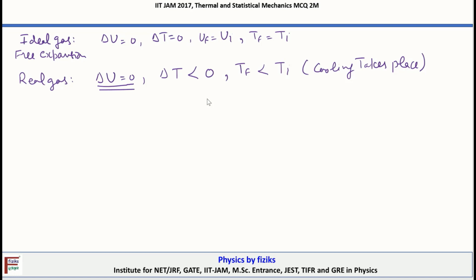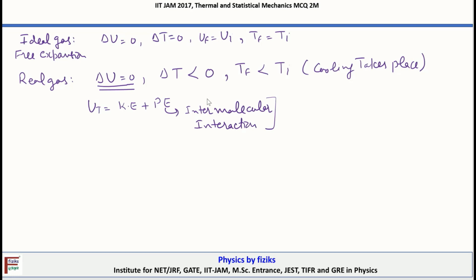And the point is that the total internal energy can be considered as the sum of two different energy terms, kinetic energy plus potential energy, where the potential energy is because of the intermolecular interactions. And in the ideal gas case, these intermolecular interactions were absent.